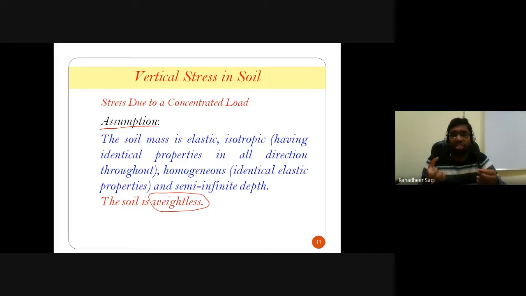Later, the total stress developed in the soil is due to the applied external loading plus the self weight of the soil. A combination of that will give you the total stress developed in the soil at any depth or at any position in that soil medium.